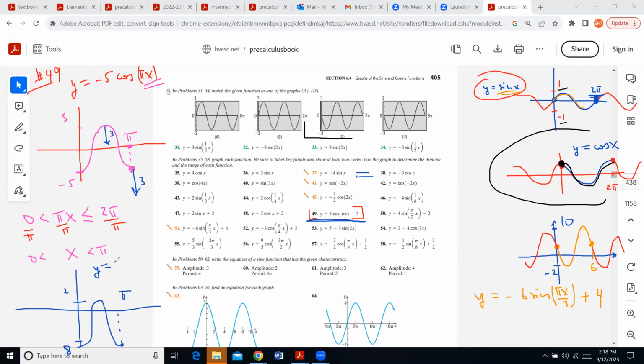Let me write it. So you take that still 5 cosine of pi x. And you say, Alex, there is 5, there is no -5. Oh, no -5? Okay, so I can actually flip it, right? Because I wasn't careful. But as long as we noticed it, now it's fine. So it goes like that and like that. See, it's either flipped or not. And this one actually is without a minus.